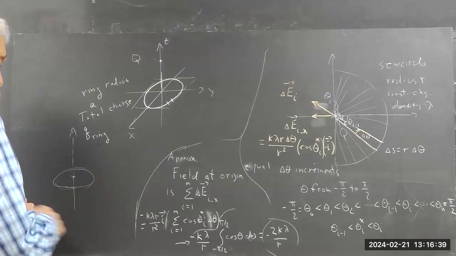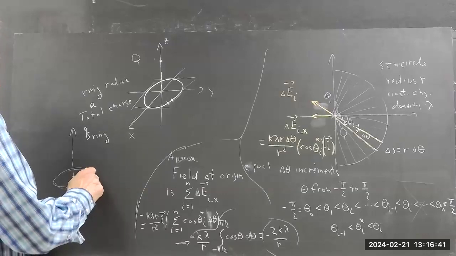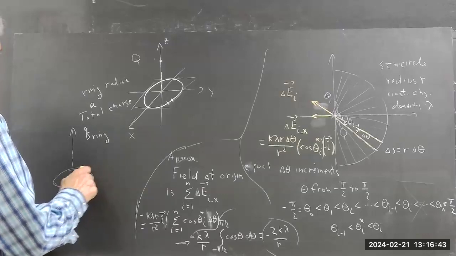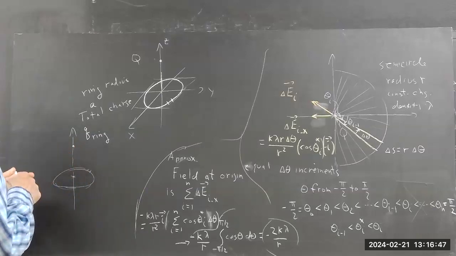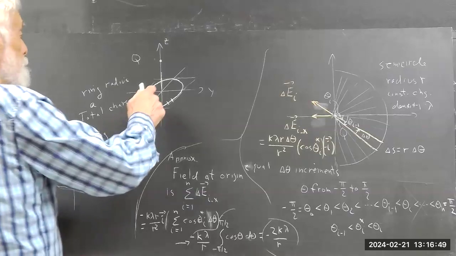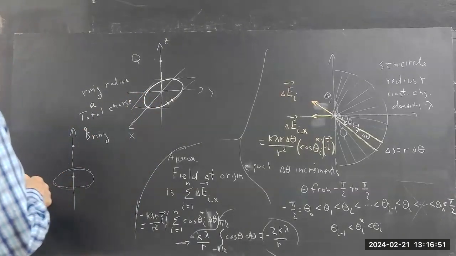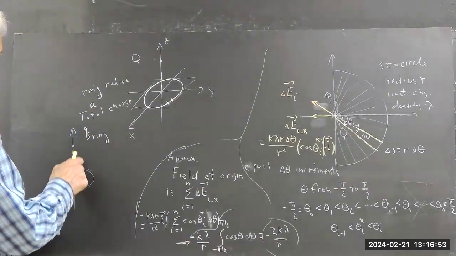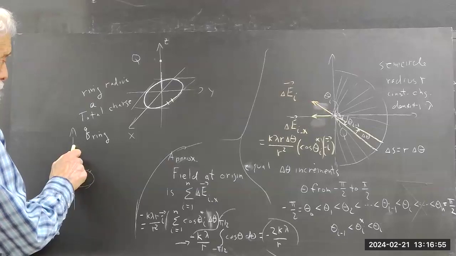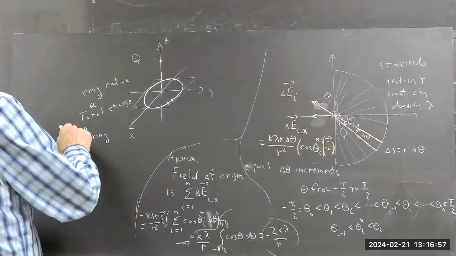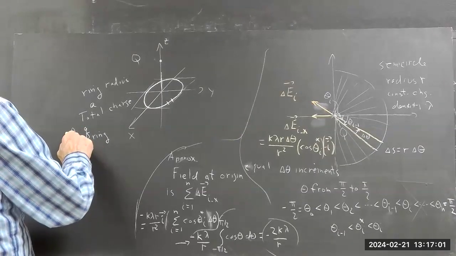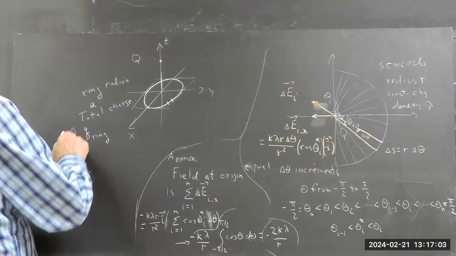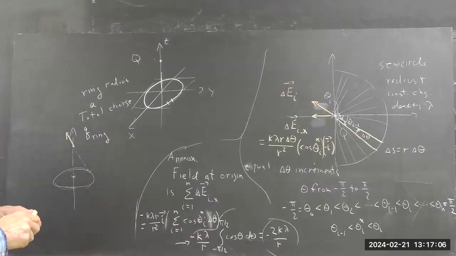If I've got an increment on this side, and looking at this point, then my field due to the charge in this increment would be here, assuming you have positive charge.